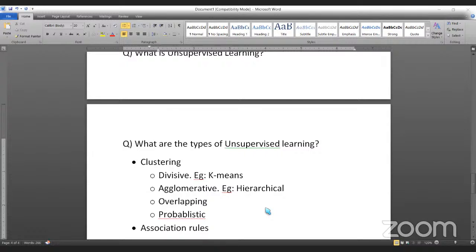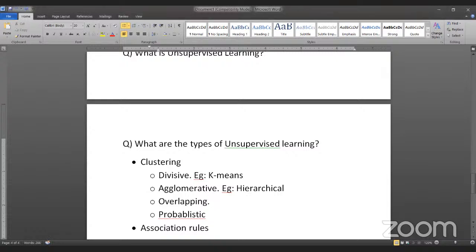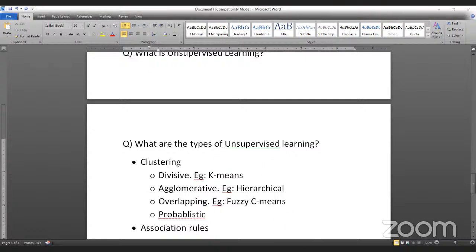Here the example is fuzzy C means. Next is probabilistic. In this technique, we use probability distribution to create clusters.